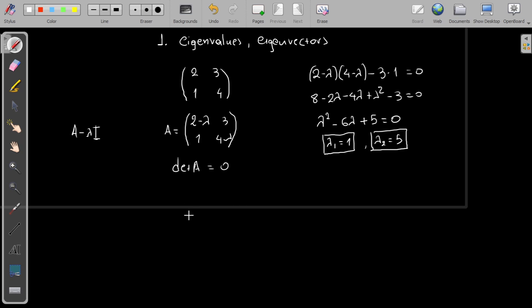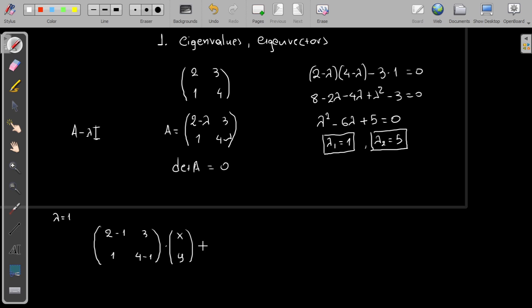So to find my eigenvectors, for lambda equals 1, the first one, I will have the matrix 2 minus 1, 3, 1, 4 minus 1, times x, y.